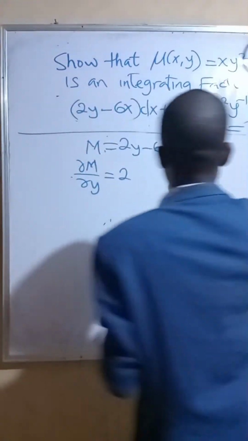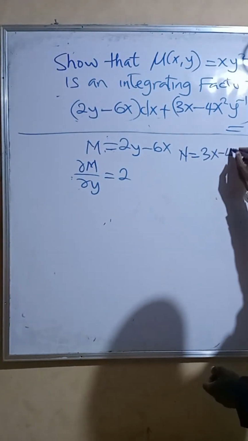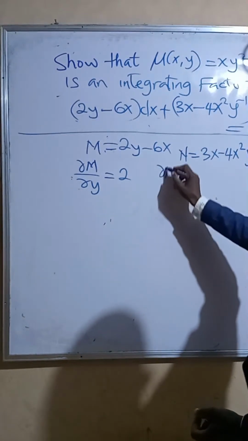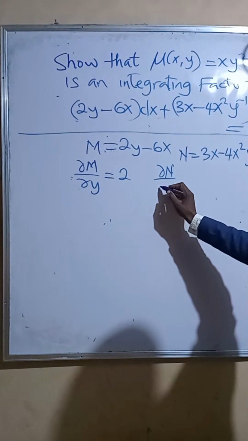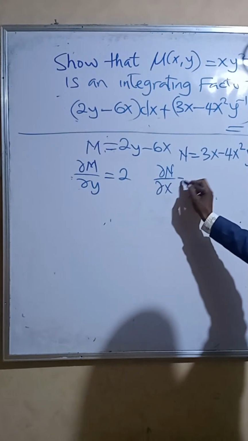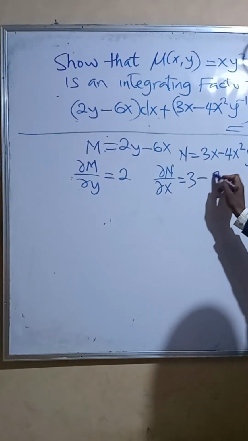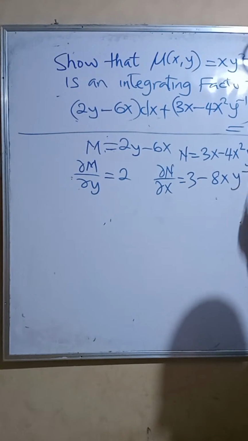The second function is N, which is 3x minus 4x squared times y to the power minus 1. Differentiate that with respect to x, and that will be 3 minus 8x times y to the power minus 1.